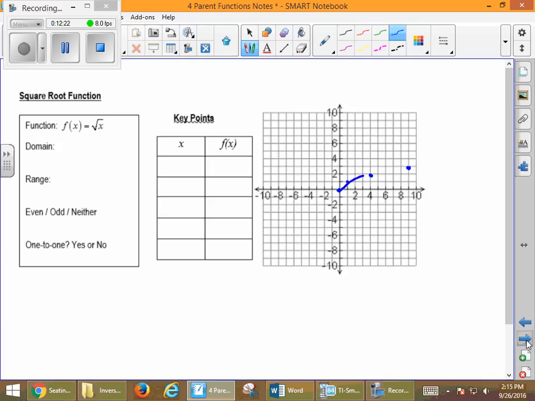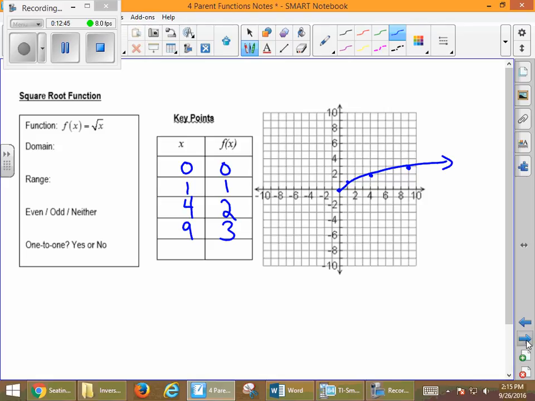So we can type that into our calculator. But here's what the picture is in terms of some key points. 0, 0. 1, 1. 4, 2. Square root of 4 is 2. 9, 3. Square root of 9 is 3.